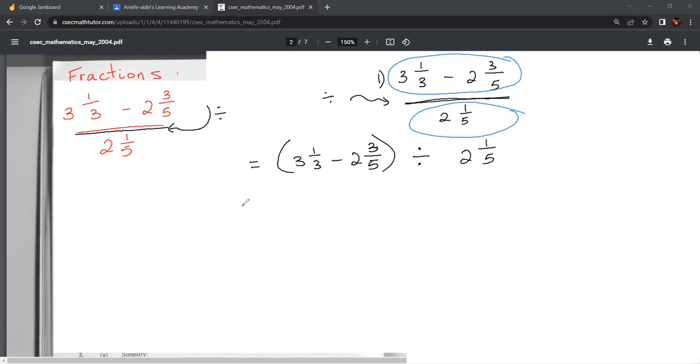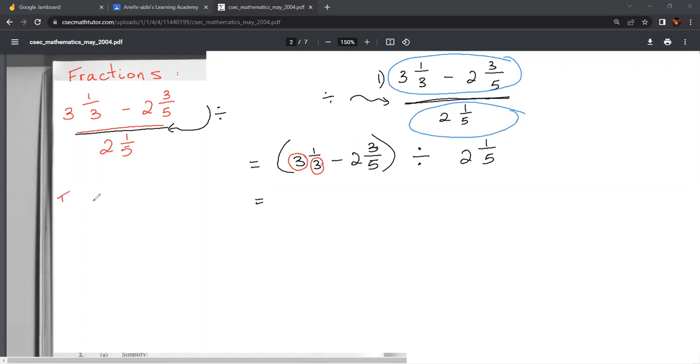My next step is I want to get rid of mixed fractions. So I like to get rid of all my mixed fractions one time. So you know, to get rid of a mixed fraction, you multiply the whole number by the denominator, and then add the numerator.